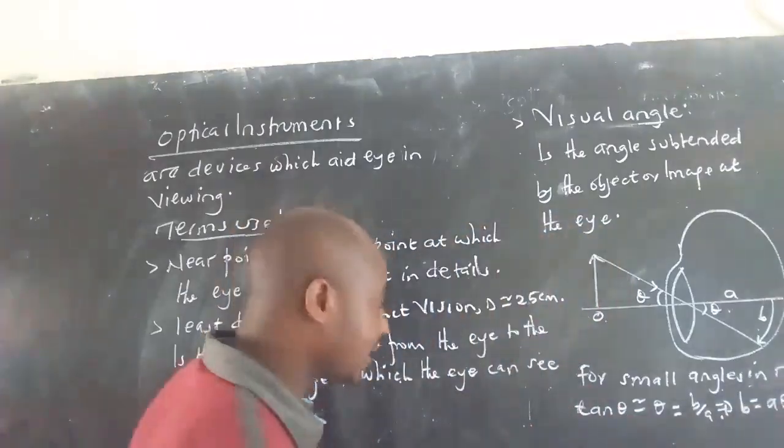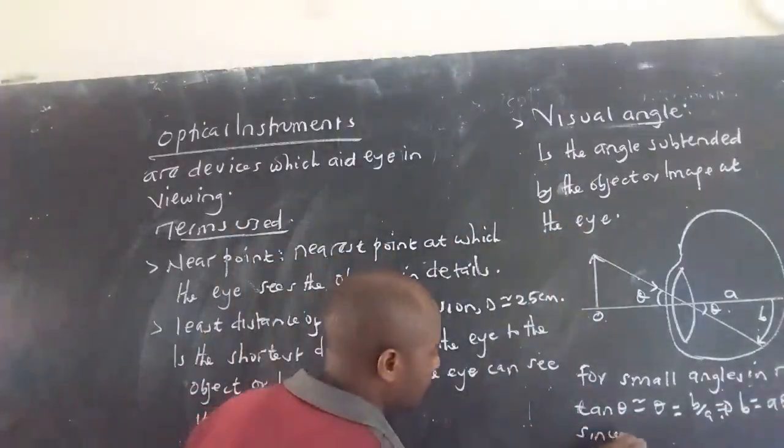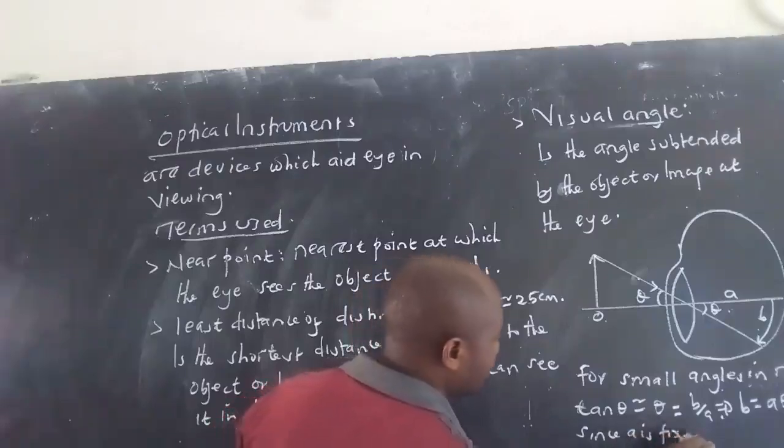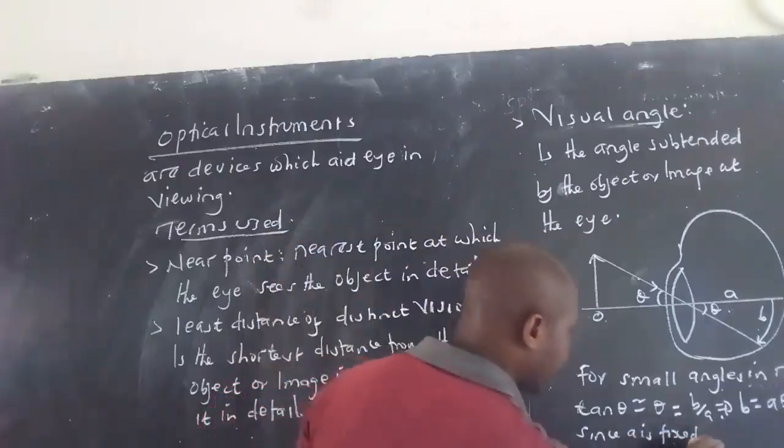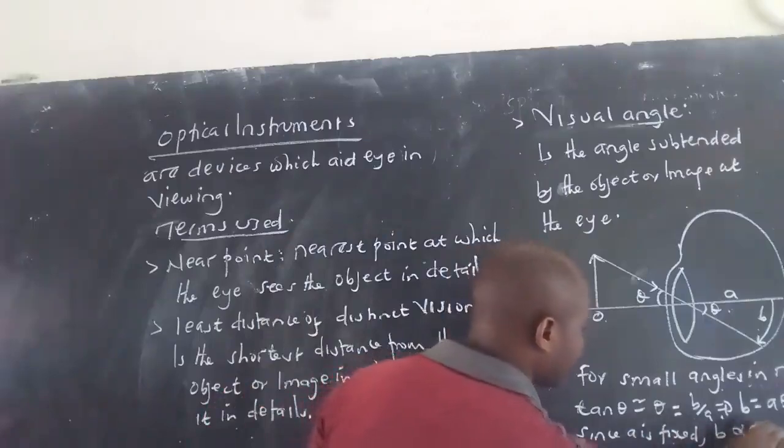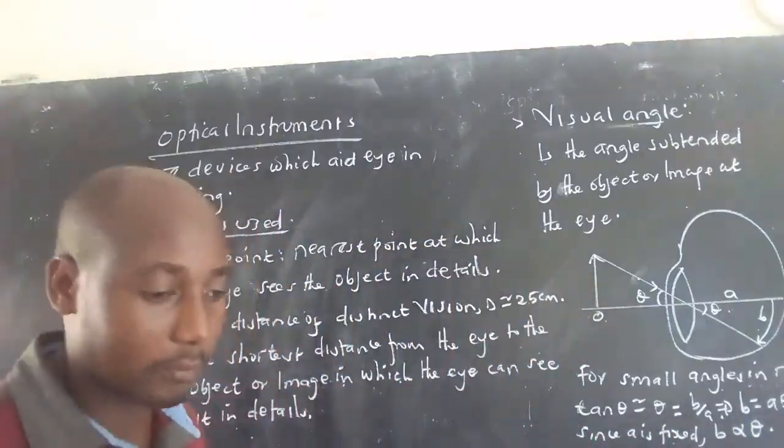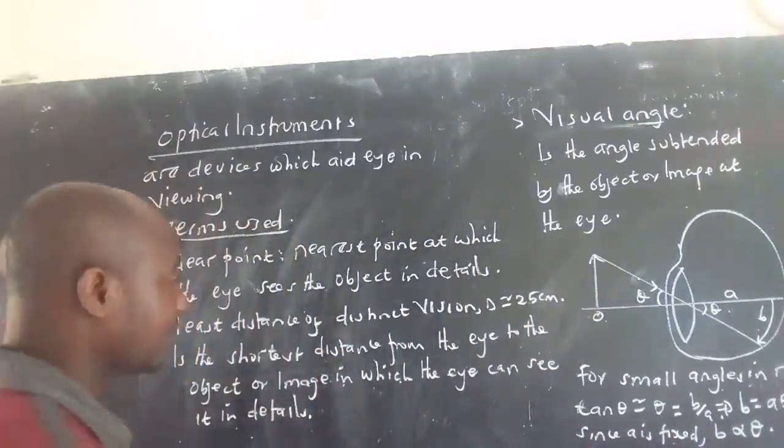Then, since A is fixed, it means B is proportional to theta. What does that mean? B proportional to theta, meaning what?